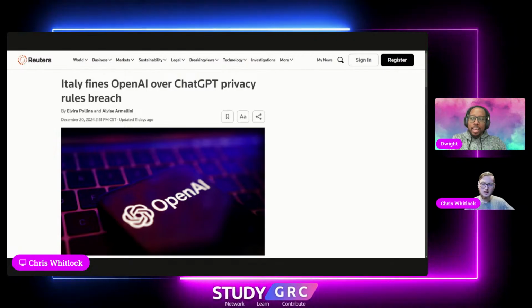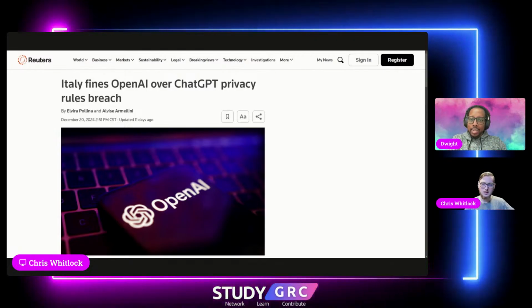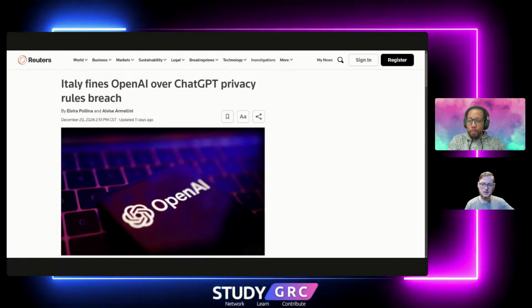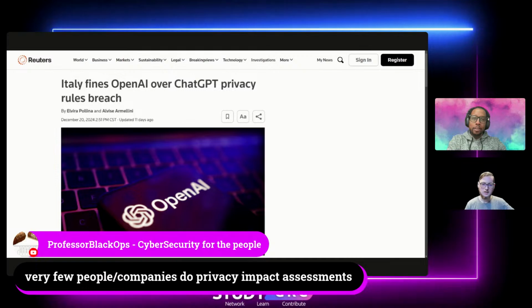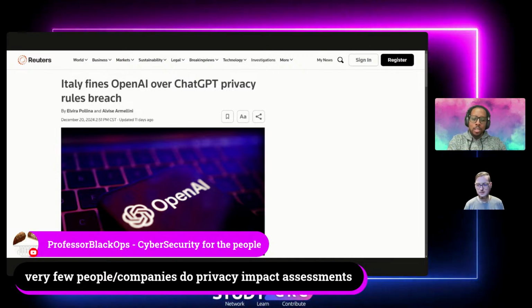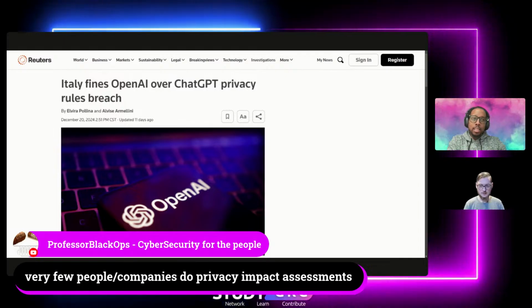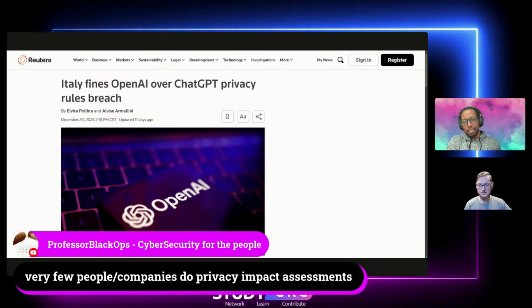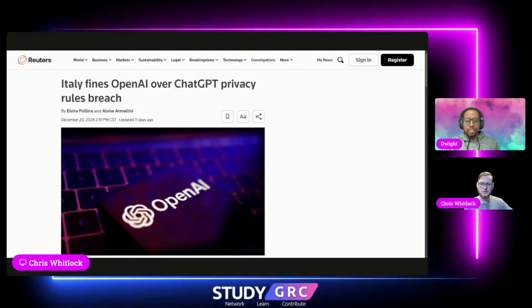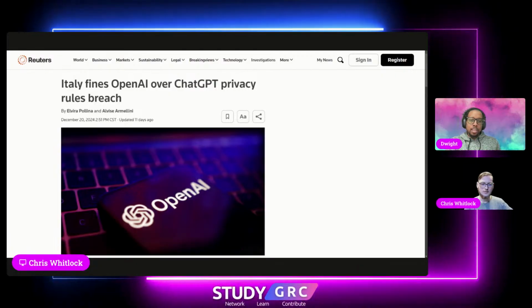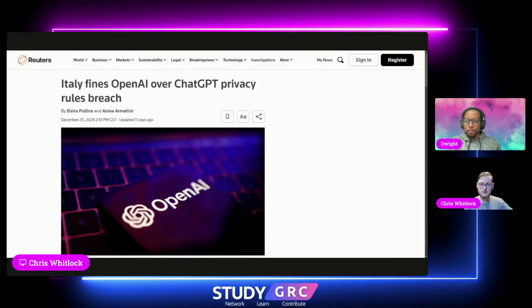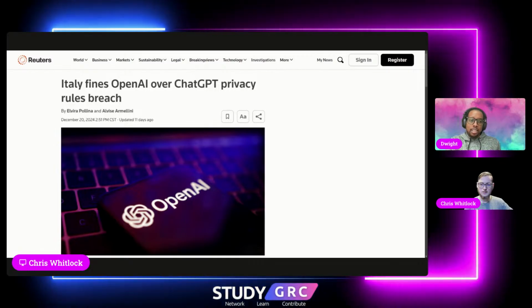I'll also add that on the GDPR side, we're just getting to the privacy impact assessment. I think PBO is saying that hardly anybody does them here anyway. So we're just getting to the privacy impact assessment in general in the US, but on the GDPR side, you see a lot of different types of assessments based on the GDPR itself. So they have a privacy threshold assessment for transferring to different countries.